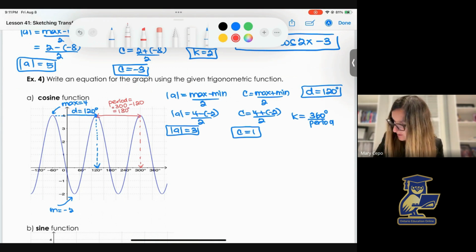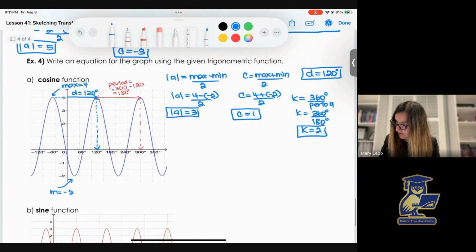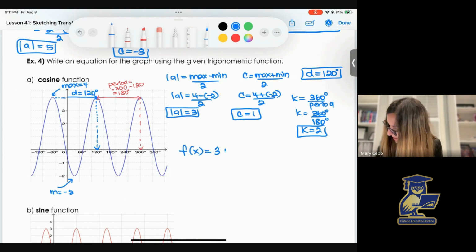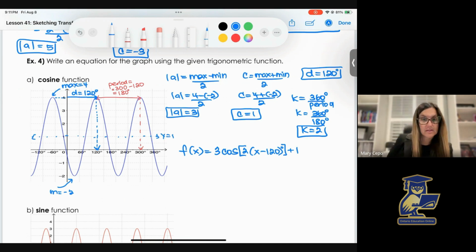If we took 360 divided by 180, we know that K is equal to 2. So therefore, f of x is going to equal the A value, which is 3, cos times your K value, which is 2, (x minus 120 degrees), and then the C value, which is plus 1. And definitely y equals 1 is the equation of axes.